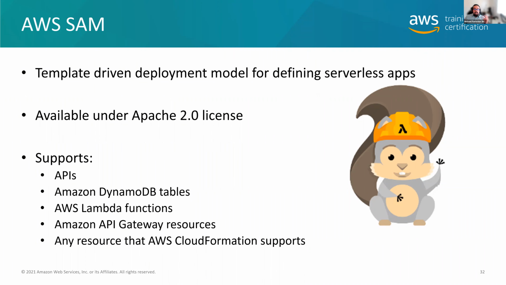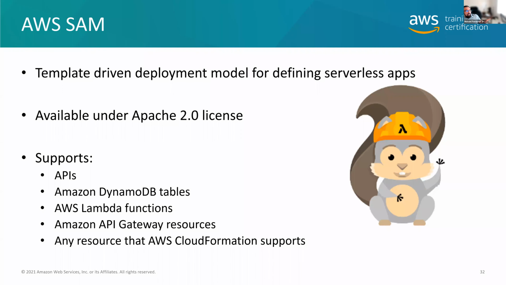So SAM, the Serverless Application Model, which again, I'm not sure why they don't always spell this out, is a CloudFormation extension that's optimized for serverless resources. Now, CloudFormation is a templated way of defining all of your AWS resources. You submit the file into the CloudFormation service, and it builds out your entire infrastructure for you.